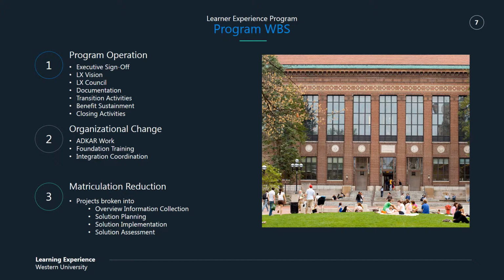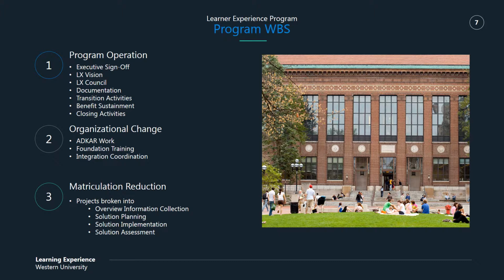Those are all part of our program operation, moving the program forward as a whole. And then we have our organizational changes, which are changes that we're trying to implement into the greater Western University area. Like we talked about, our ADKAR work, all of those activities are going to be a part of our organizational change, our foundation training, and then integration of coordination.